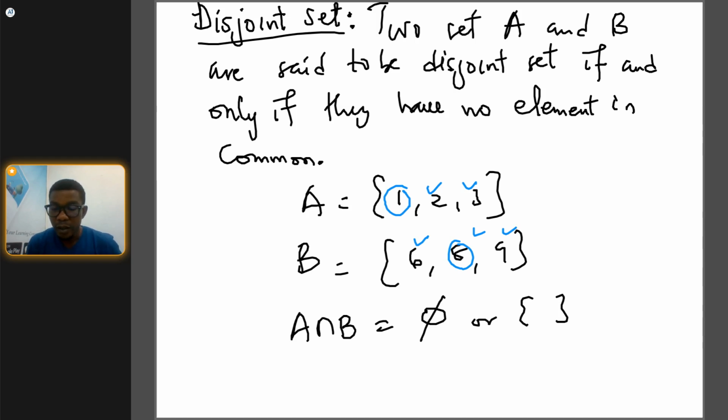Okay, I believe that is clear. So if I have X to be a given set, which is 1, 2, and I have Y to be a given set, which is 3, is set X and Y disjoint? That is my question. Is X and Y a disjoint set?